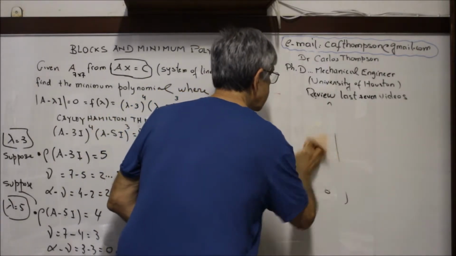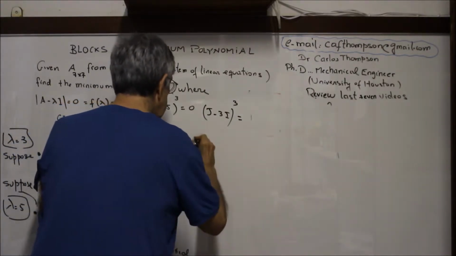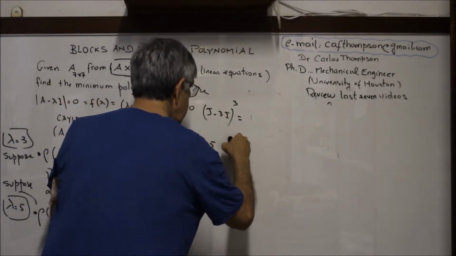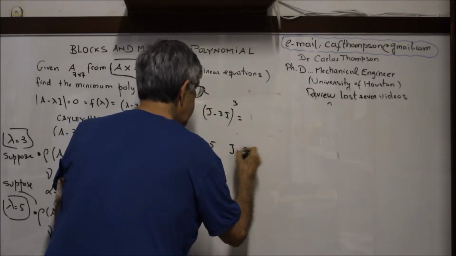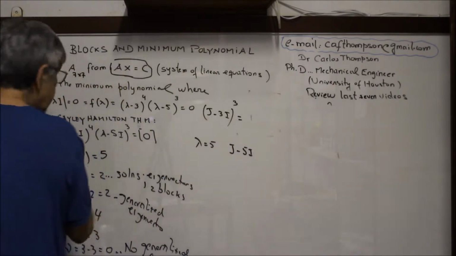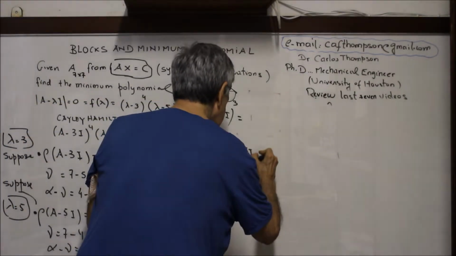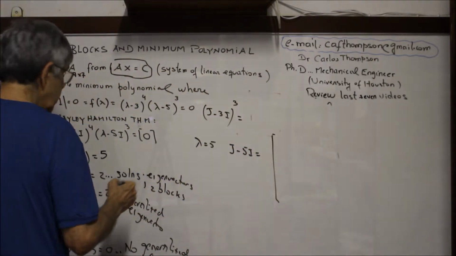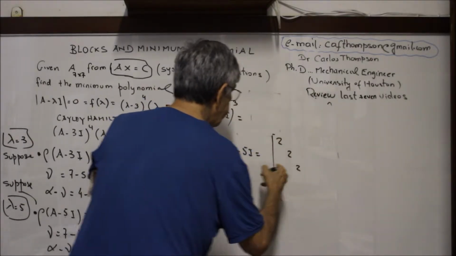Let's see what I get. Look, I'll just put here lambda is equal to 5. Then I'll have J minus 5I. Is it J or A? Doesn't matter, because J and A are similar. So I'll write these like that. I'll subtract.